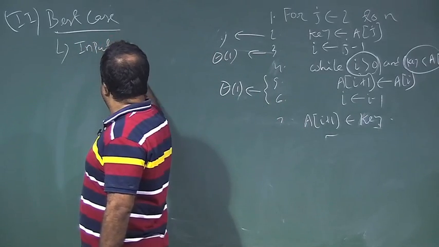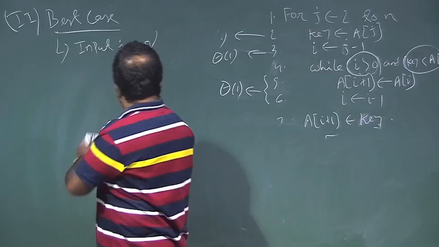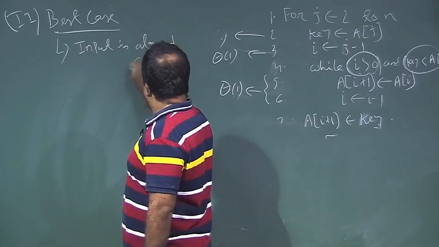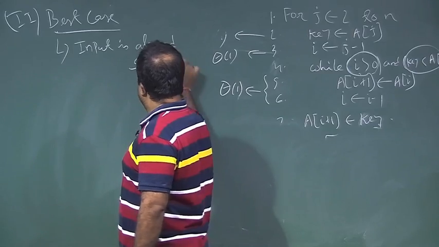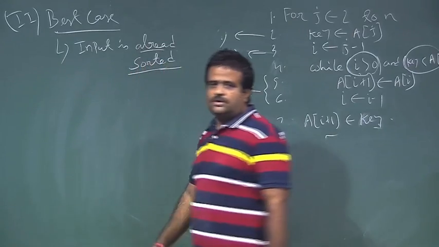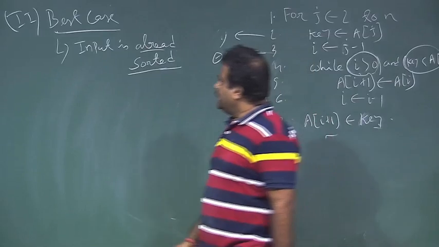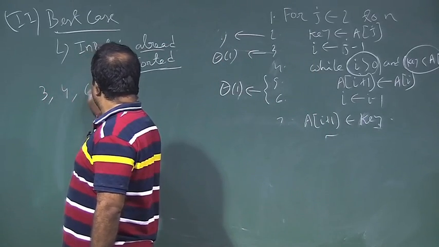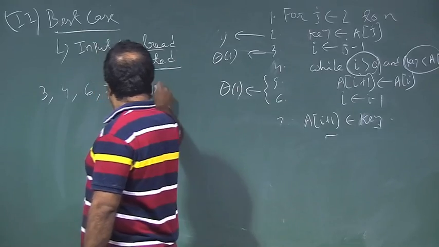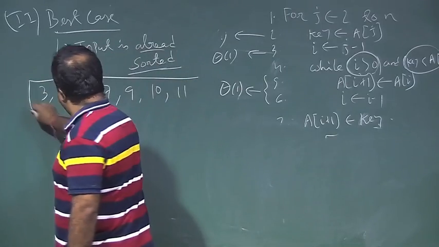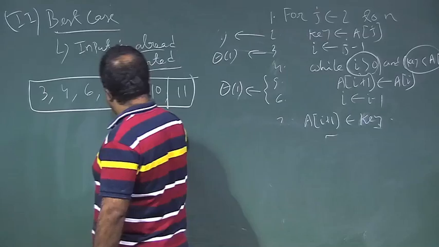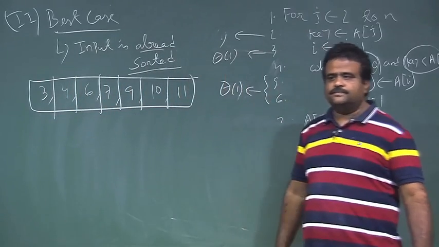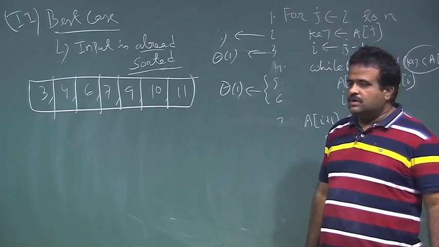If the input is already sorted, what does that mean? For example, suppose the input is 3, 4, 6, 7, 9, 10, 11. Suppose this is our input.